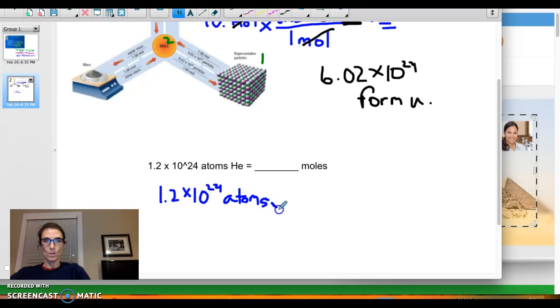And again, we're going to look up at how our conversion factor should be set up. We have 1 mole on top, because 1 mole of any substance is equal to 6.02 times 10 to the 23rd. And our unit down here would be atoms, since we're talking about helium, and helium is an element by itself.